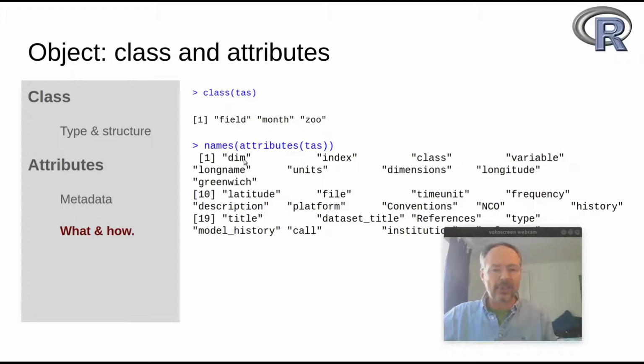And we see it has dimensions and index, and it has class and variable and long name, units and so on. And the number of attributes could be a long list, or it could be a small set. But the idea here is to have a standard set so that they look the same, and you can make use of tools that will look for the same types of attributes and make use of those when you do the analysis.